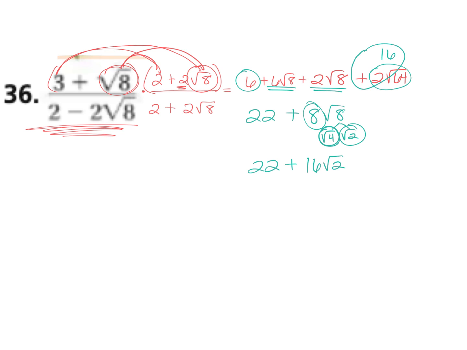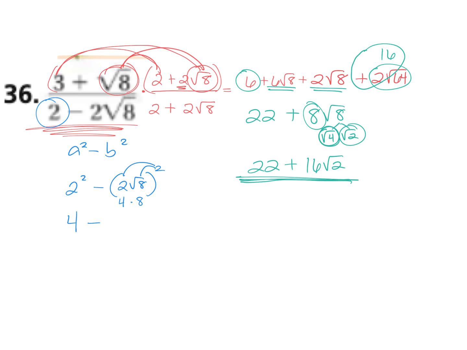Then your denominator, you can use the shortcut for. So it's a squared minus b squared, right? So it's 2 squared minus 2 rad 8 squared. So we're going to distribute that. This is going to be 4 minus 4 times 8, or 32.